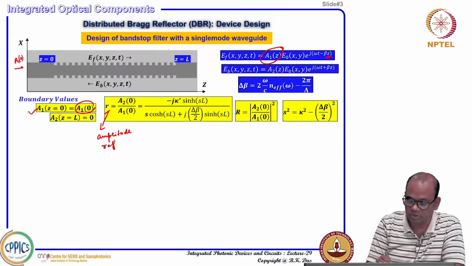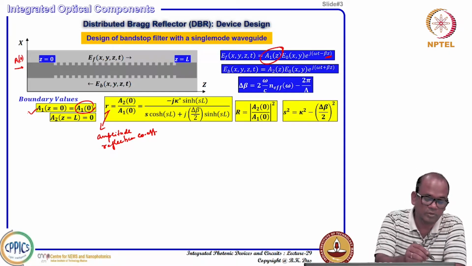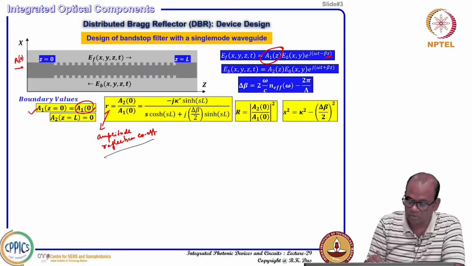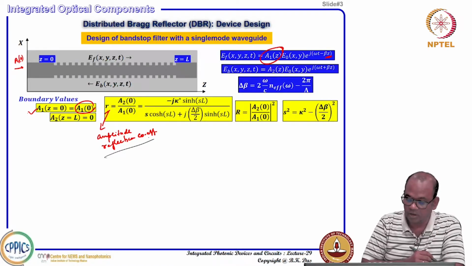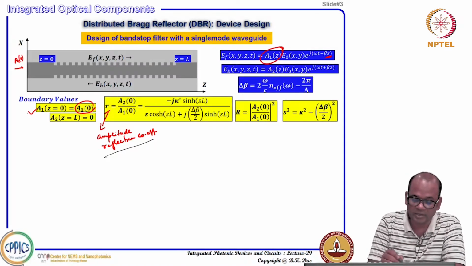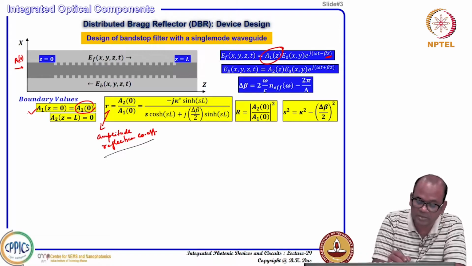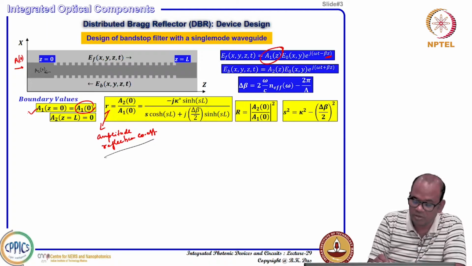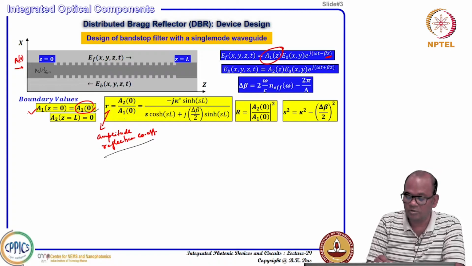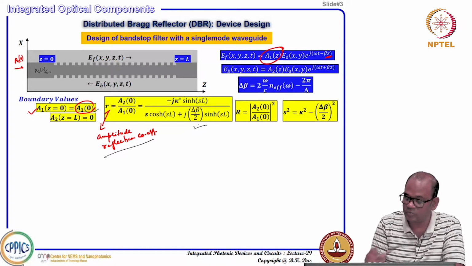It can be defined as whatever backward direction amplitude there is, which we call A20, divided by what I have launched here. That is your reflection coefficient for the entire DBR structure, defined by this expression.